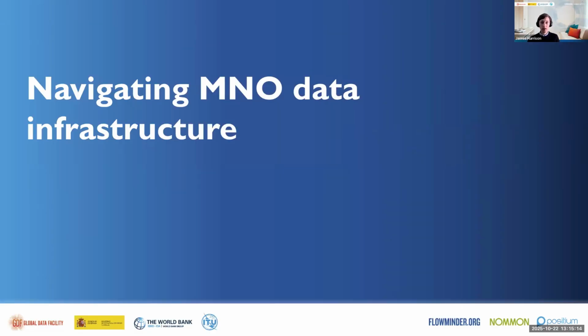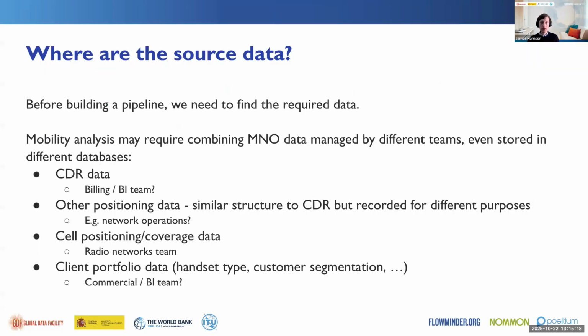I'll now briefly cover navigating M&O data infrastructure. So where are the source data we need for an MPD initiative? Before building the pipeline, we need to work out where that data is coming from. And this might require combining data managed by various different teams within a mobile network operator, potentially even stored in different databases.